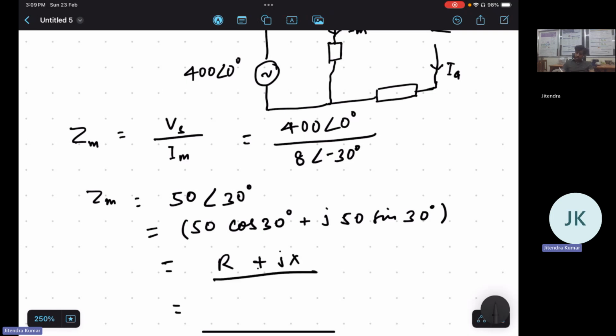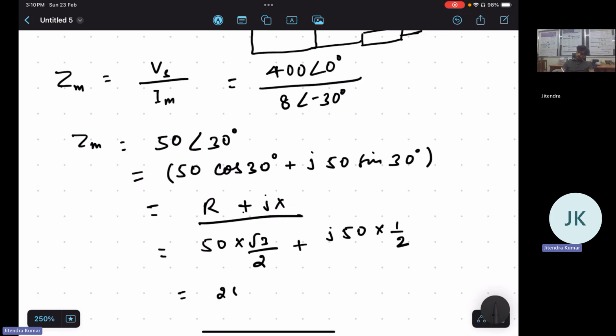So 50 cos 30 will be 50 into root 3 by 2, plus j 50 sin 30, where sin 30 is 1 by 2.